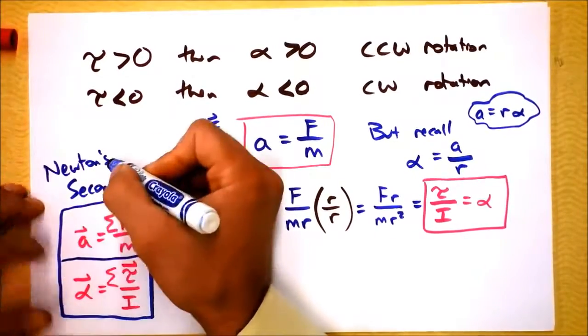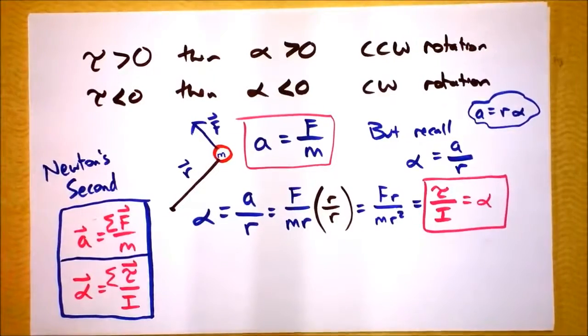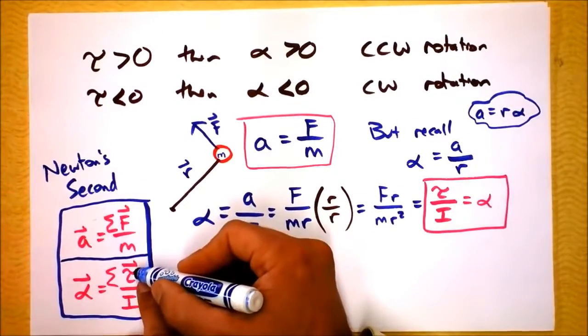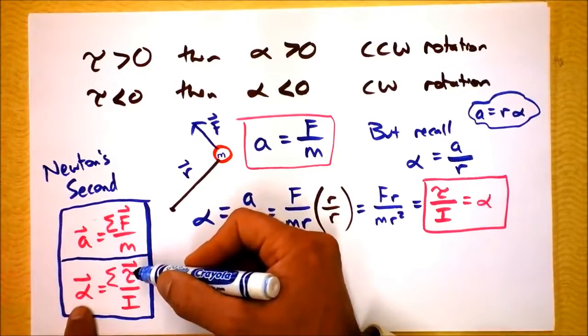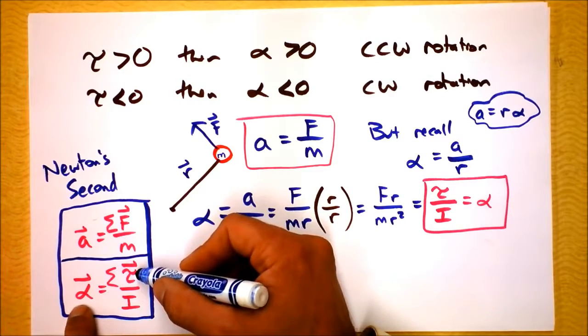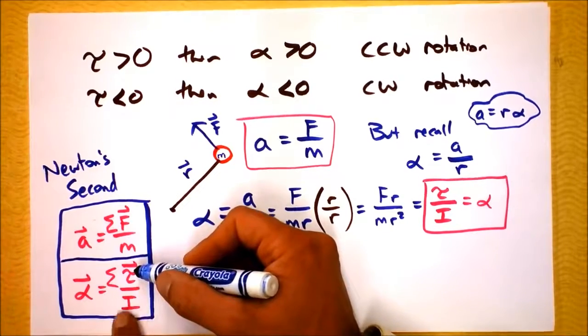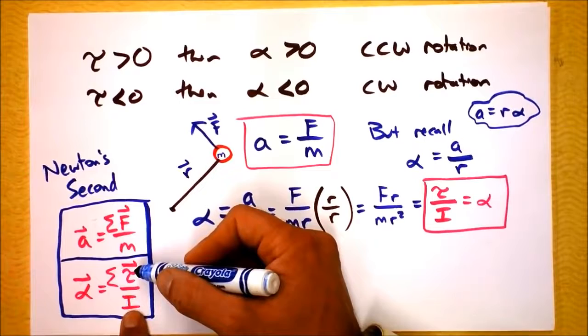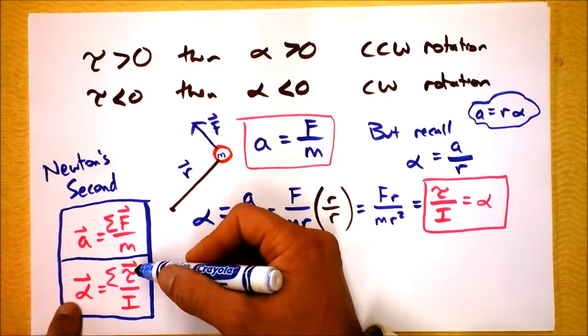And I want you to see how fantastically similar they are. Torque causes angular acceleration. For a given torque, if the moment of inertia is big, then the angular acceleration will be small. And if the moment of inertia is small, then the angular acceleration will be big.